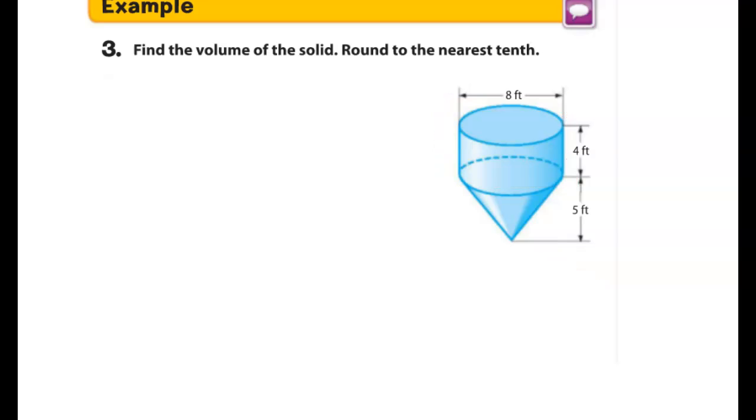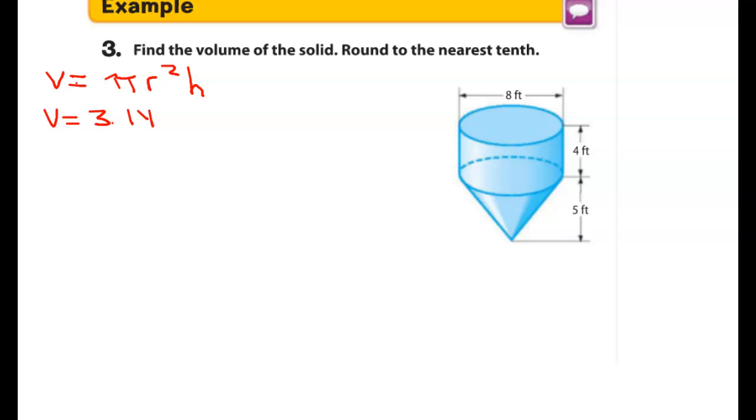Okay, so why don't we do the volume of the cylinder first. I'm going to say that the volume is equal to pi r squared times the height. So the volume is going to be 3.14 times the radius.